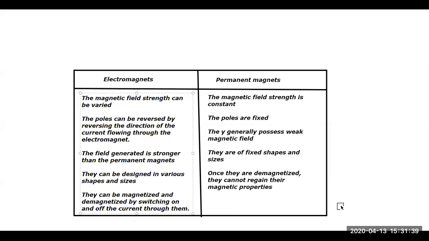The moment you switch off the current, there is no more field, so it is demagnetized. The moment you pass the current, it is magnetized. So we saw a wonderful video talking about how a solenoid behaves like a bar magnet and how it is achieved, and we saw the differences between electromagnets and permanent magnets.